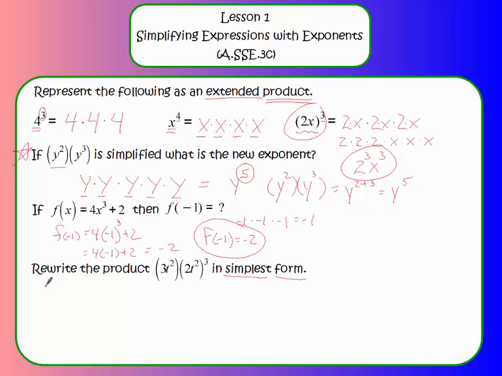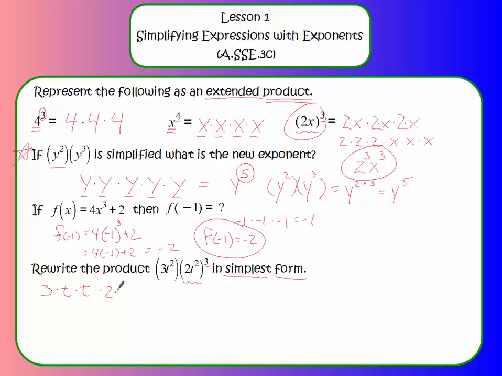3t squared. Well, let me write this out in the extended product form here. So 3 times t times t again, right? t squared is t times t. I also have this 2t squared all cubed. So in other words, I have 2t squared, that whole thing, 3 times. So let me write that out.